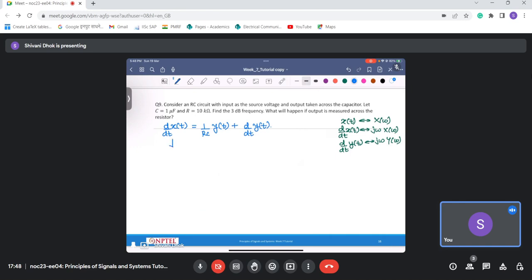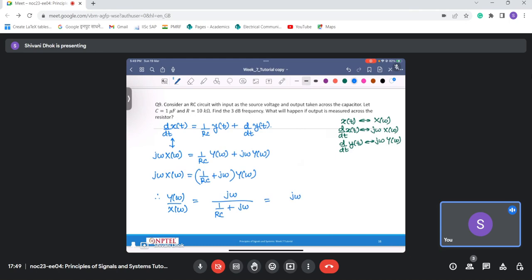Using this, we have j omega X(omega) equal to 1 by RC plus j omega times Y(omega). Therefore, Y(omega) upon X(omega) comes out to be j omega upon 1 by RC plus j omega, which is equal to j omega RC upon 1 plus j omega RC.